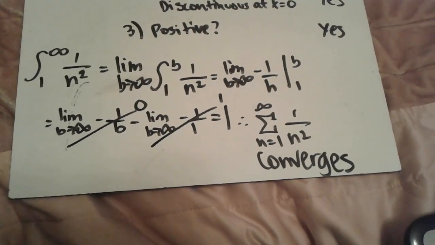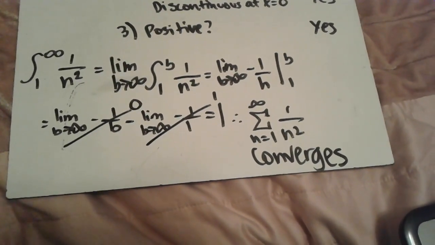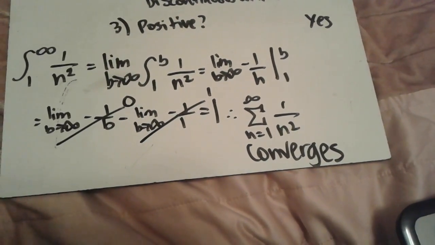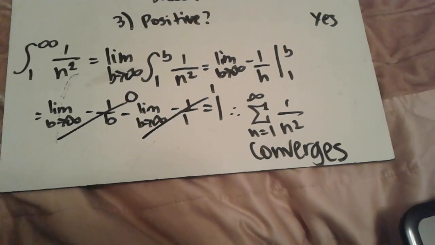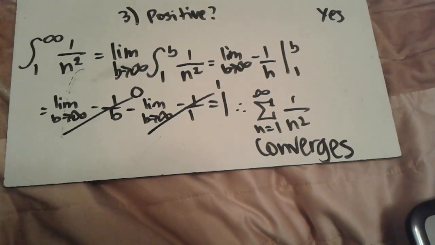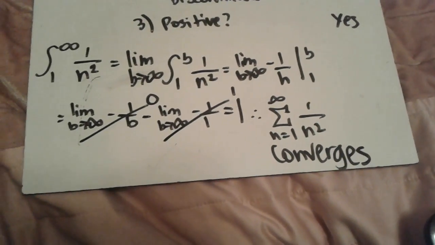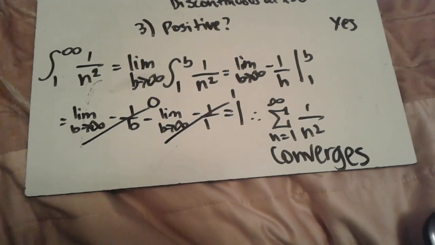So when I plugged in 1 and b, it was the limit as b approaches infinity of negative 1 over b, minus the limit as b approaches infinity of negative 1 over 1. The limit as b approaches infinity would be 0 because negative 1 over infinity approaches 0.